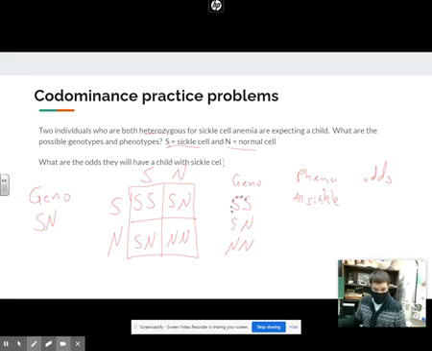Odds, how many of these are big S, big S? We've got 1 out of the 4. So this is 1/4, 25%, or 0.25. Once again, doesn't matter what you say, as long as it's one of those. And big S, big N. We're going to have both cell shapes, right? We're referring to normal and sickle shapes.